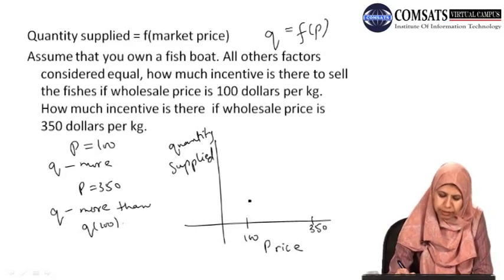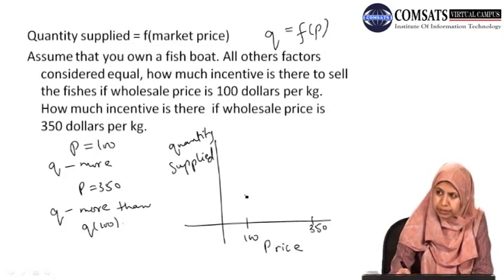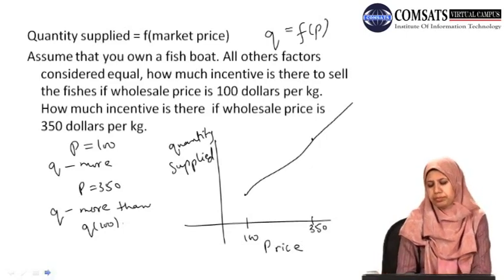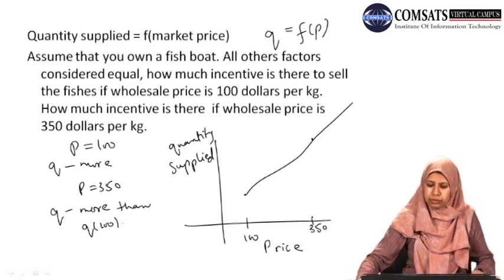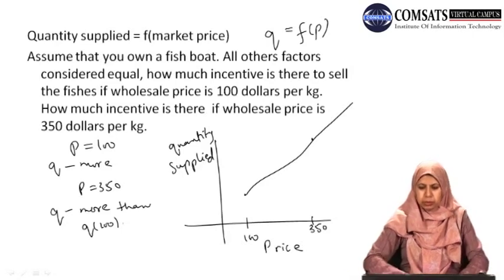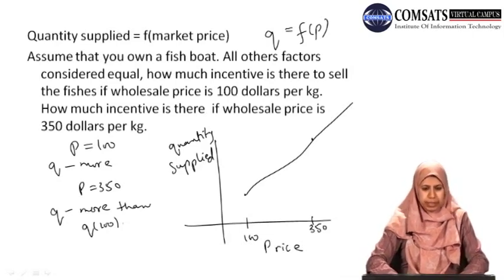When the price is $100, the quantity will be, let's say, here. When the price is 350, let's say the quantity supplied will be here. So this is basically a linear function with positive slope, that is, the line is rising from left to right. More price means more quantity supplied, less price means less quantity supplied. This is the opposite of the demand function.